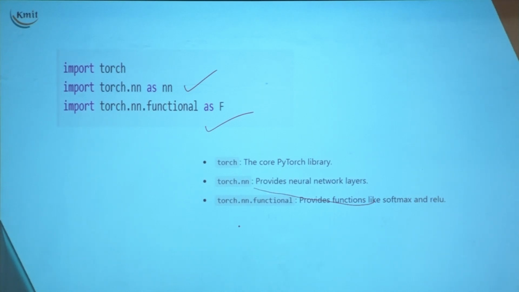Next, what does torch.nn.functional do? It provides the activation functions, which are softmax and ReLU. Where are we using softmax? Where are we using ReLU? Softmax inside MHA, ReLU inside feed forward. Are you all clear with the libraries?